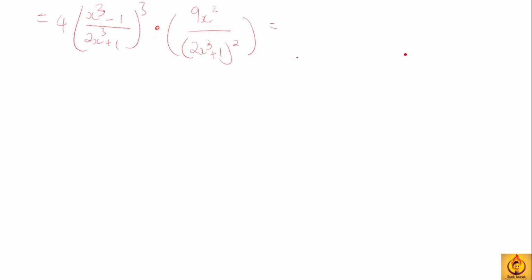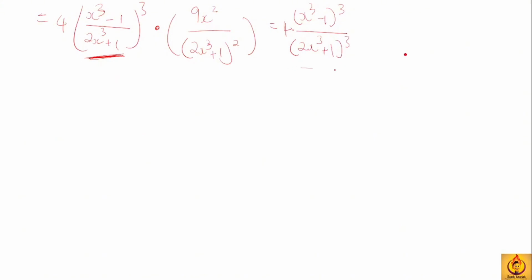Now, remember, here, all of this is to the power 3. So if all of this inside the brackets is to the power 3, this means that we can express it as (x cubed minus 1) to the power 3 divided by (2x cubed plus 1), all of that to the power 3.